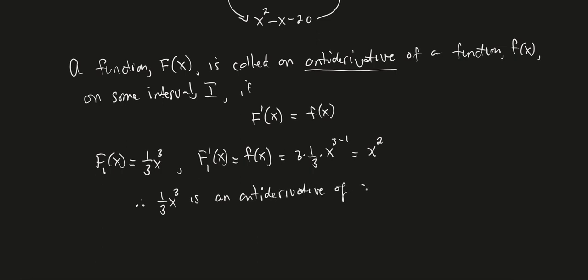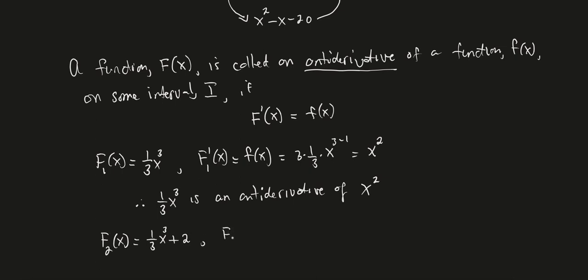Now, the fact that we're using the word "an" as opposed to "the" kind of implies that maybe there are more than one. Maybe there's more than one antiderivative of x squared. And look, for instance, if I named a different function and I defined it this way, if I took the same 1/3 x cubed, but let's say I added 2 instead, so I added this as my constant.